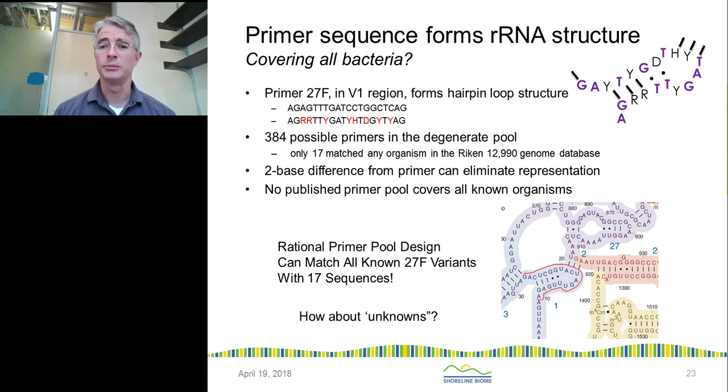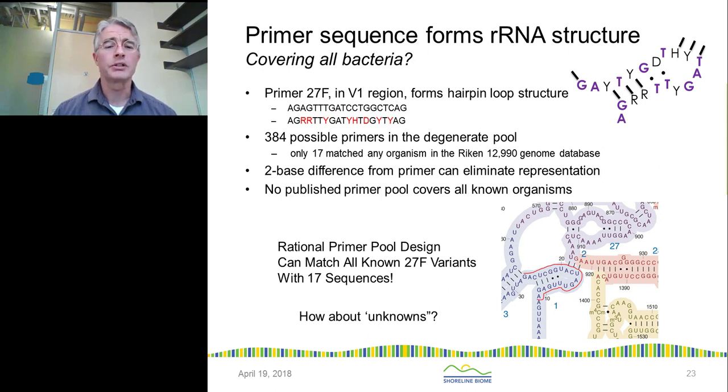Likewise with the Riken genome database. Those don't move around very much, but the bases in black do change, and the changes that are in the Riken database and in SILVA database are indicated by the degenerate letters for the nucleotides that are shown there. And you can see that it forms this little structure.